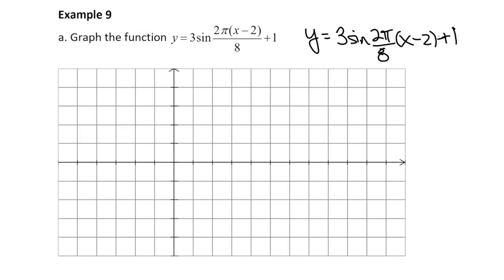Okay, well, let's go about this. We always start our questions by labeling the x and y axis, and when we take a look at this, our period is going to be 8. And if our period is going to be 8, we don't want to say every 3 spaces is a half pi, because if we wanted to average that out and figure out what it would look like, that'd be very, very difficult.